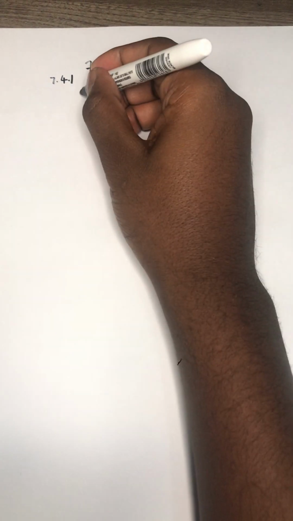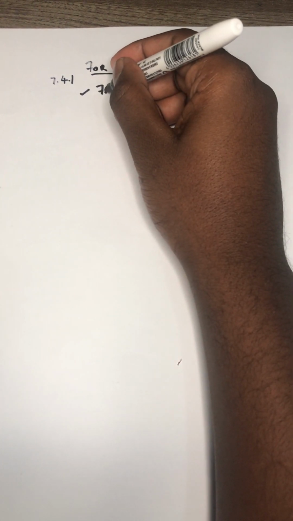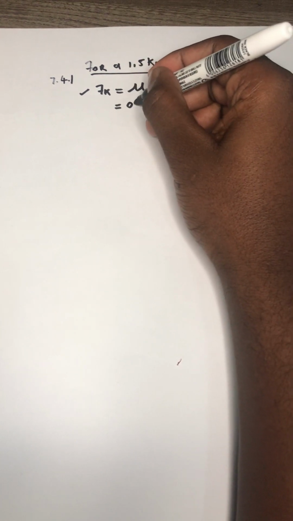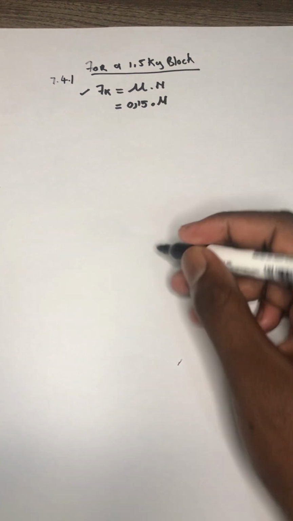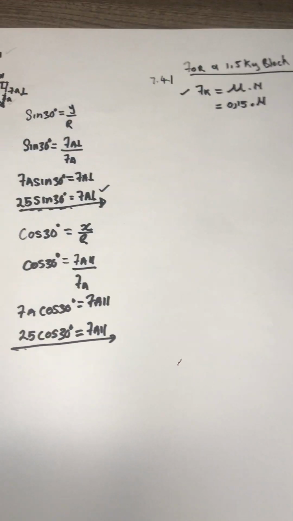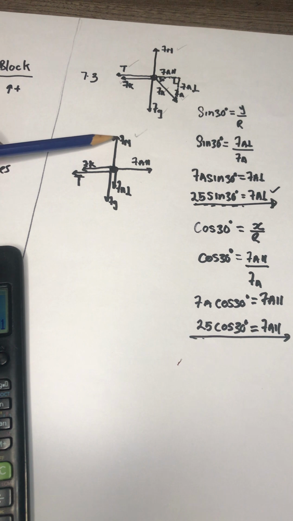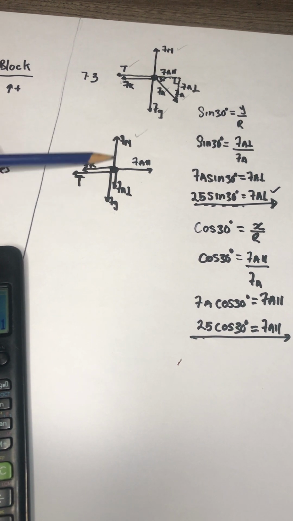Okay, let's calculate normal force. Okay, let me write a formula. Fk is mu times normal force. Okay, siyamazi mu ukuthi u 0.15 and then normal force kumele simbale. Okay, so how do you calculate normal force? Sibuyela kwini free body diagram calculation. So these are forces that are acting perpendicular to the surface.